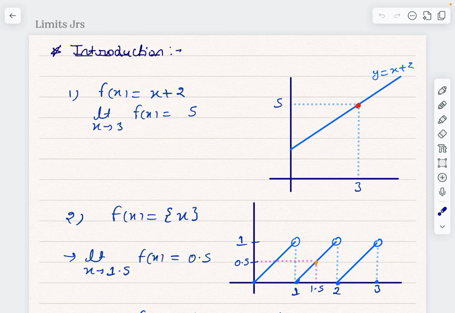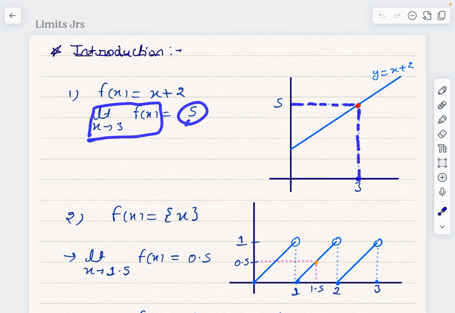See, basically what we are finding in a limit. This is the graph of y is equal to x plus 2. This is the point you can see where x is 3 and the y value is 5. So when you do limit x tends to 3, f of x, we see that when x is approaching 3, when x is close to 3, what is the approximate value of f of x?